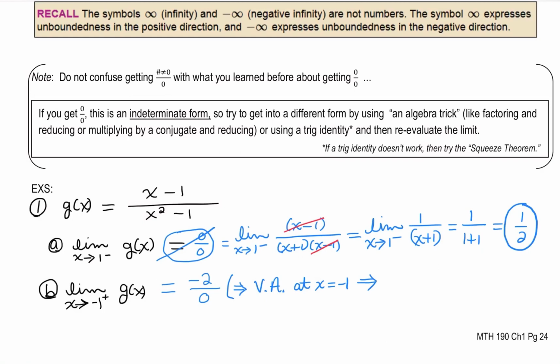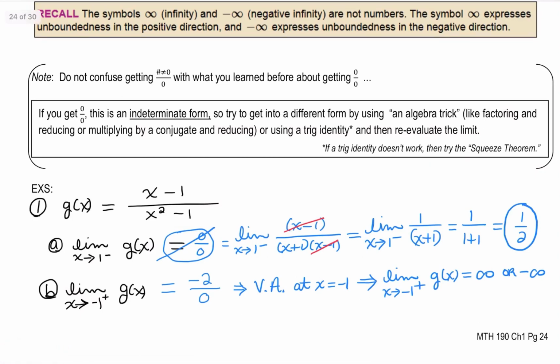And that tells me that my limit as I approach -1 from the right is either going to infinity or negative infinity. I don't know which yet. So to decide which, there's two different approaches. It could either be looking at the graph or using signs of numbers to decide which. Okay, so that's what we're going to do now.